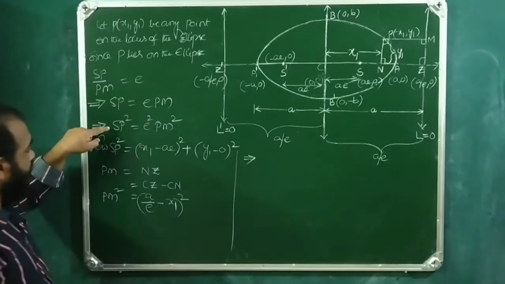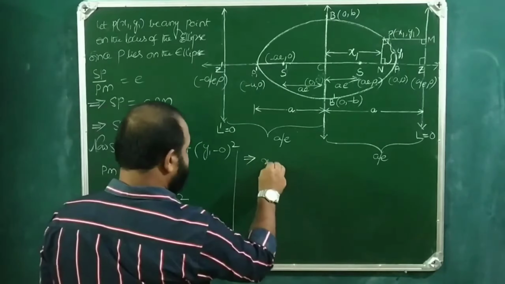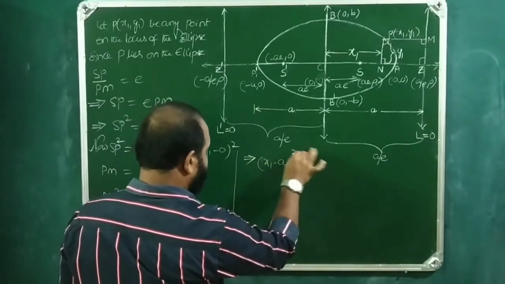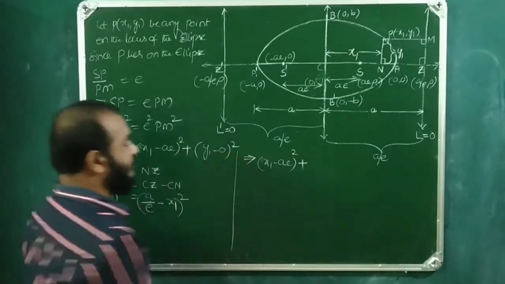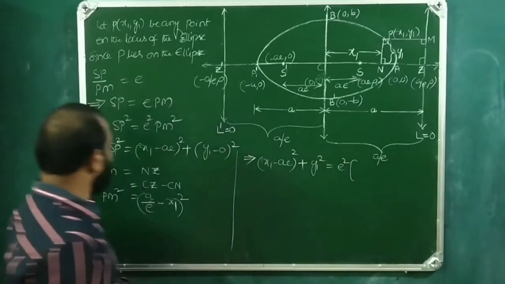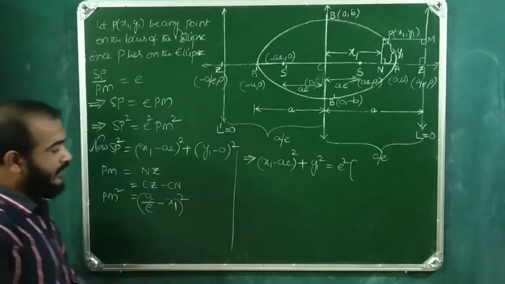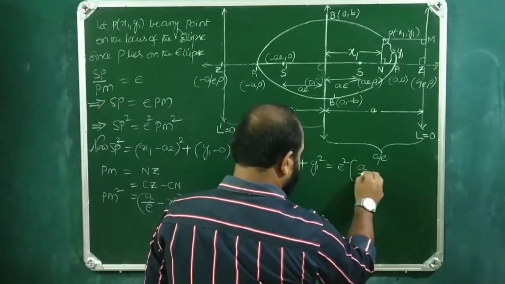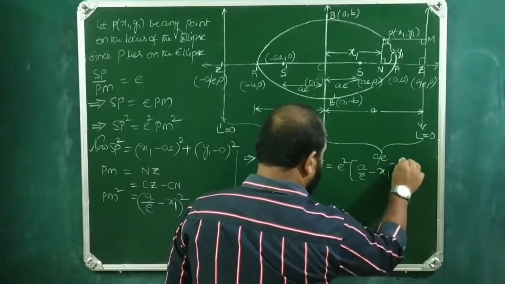So SP square is (x1 minus AE) whole square plus (y1 minus 0) whole square, which is y1 square, equals e square PM square. PM square is (A by e minus x1) whole square.